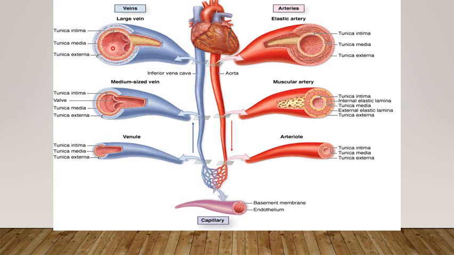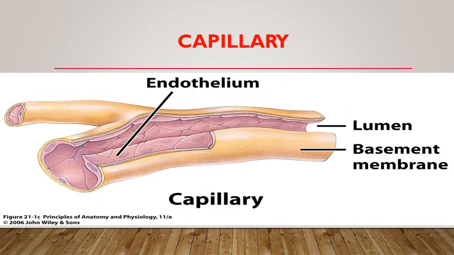So the arteries are thick walled as compared to the veins, which are thin walled. Here I am starting now from the arteries and arterioles. Now there is the capillary network which is formed, and as you have seen, the capillaries are functionally the exchange blood vessels. They have only one single layer of endothelium, wrapped with the basement membrane.